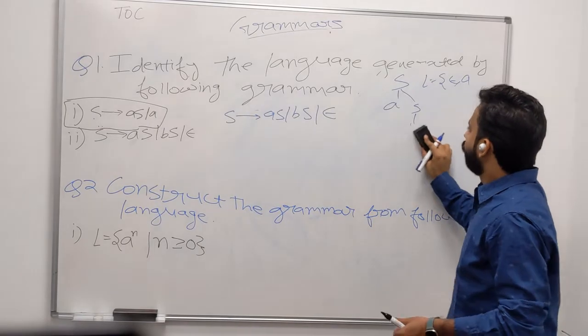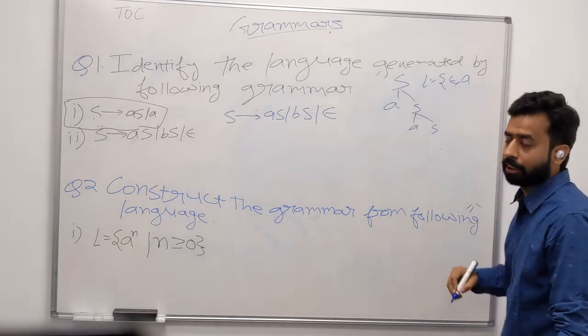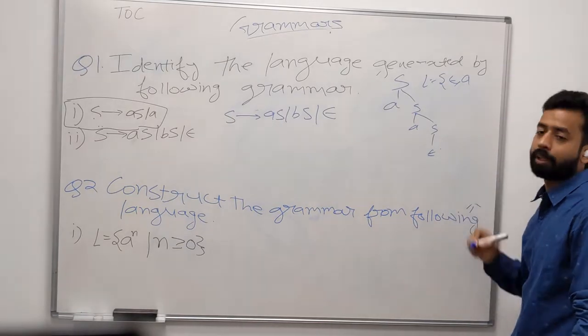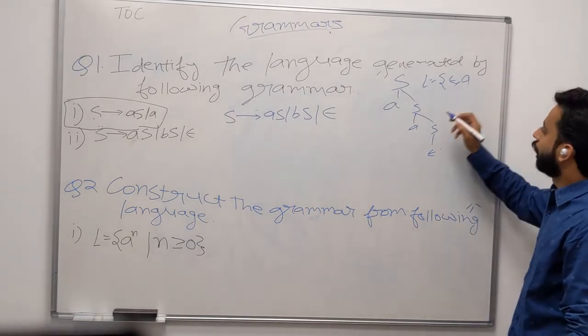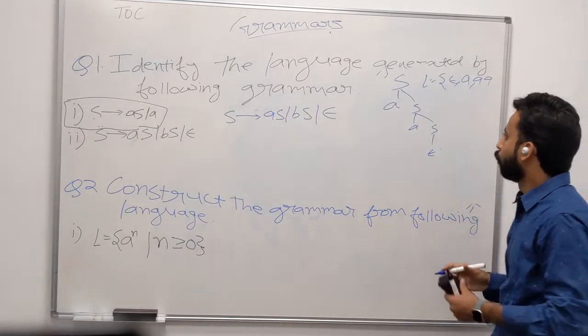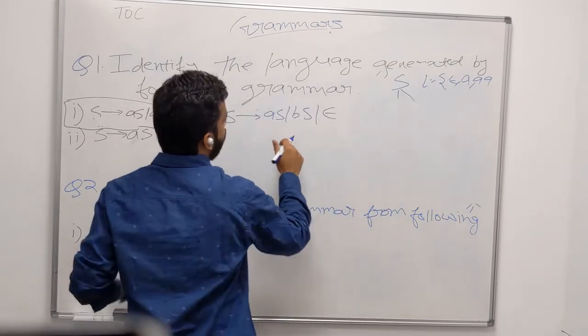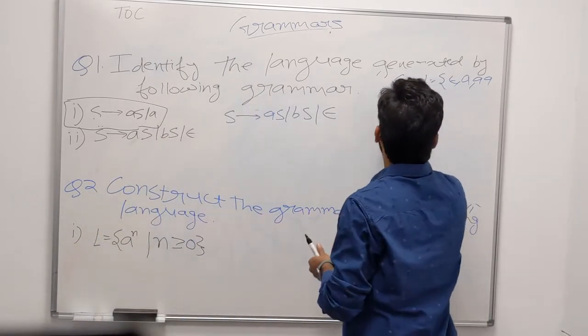If I replace this S by AS, I can again replace it by epsilon, so I can get double A. Same I can get for any number of A's. Let me change my production. What if I use BS first? I can do that also.